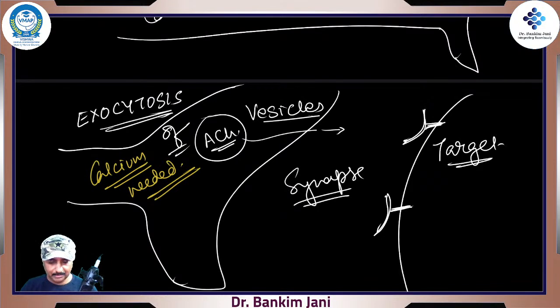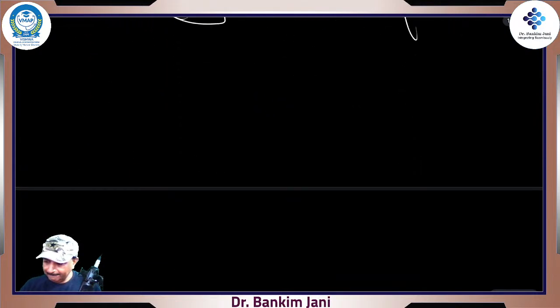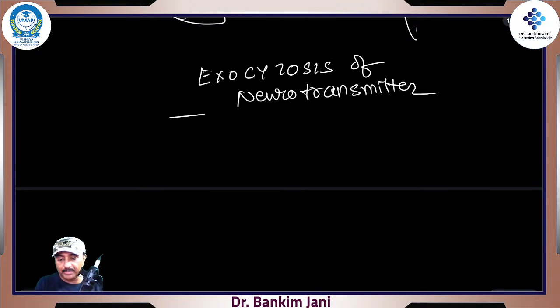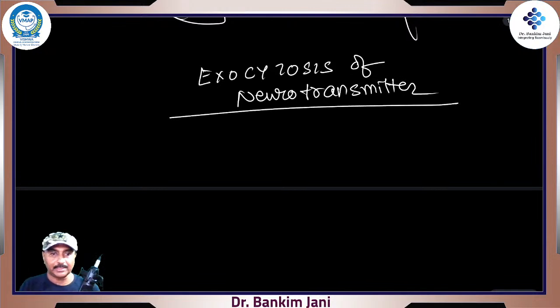It will remain inside, so the effect would be stopped. So the point is that for the exocytosis of neurotransmitter, I'm just writing neurotransmitter because it depends on what neurotransmitter will be released, but whatever, calcium is needed.